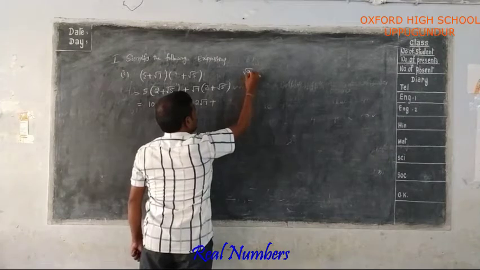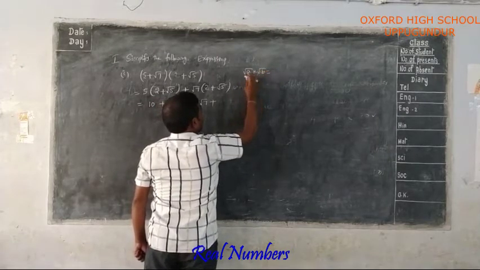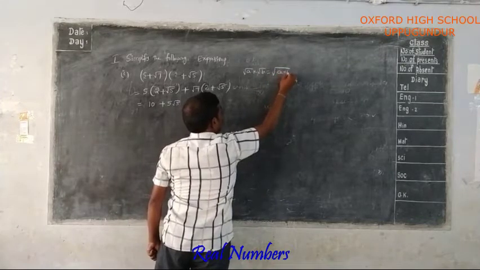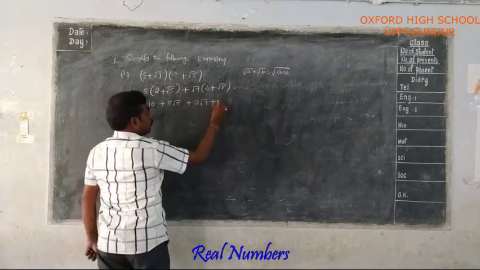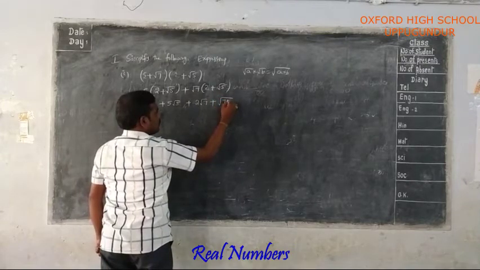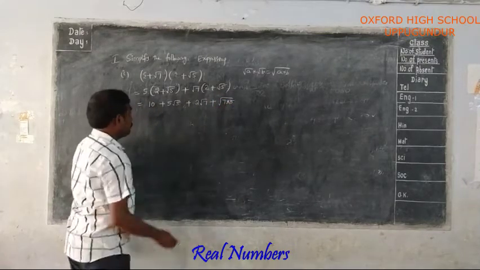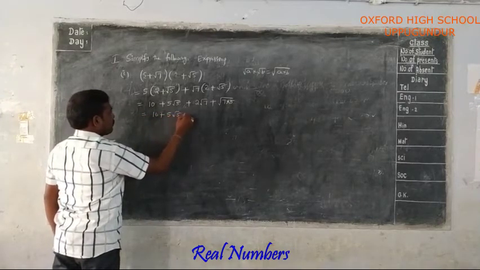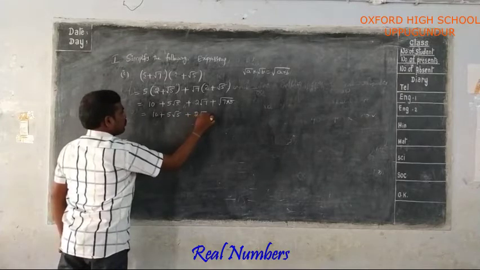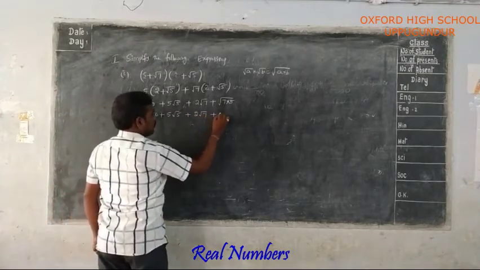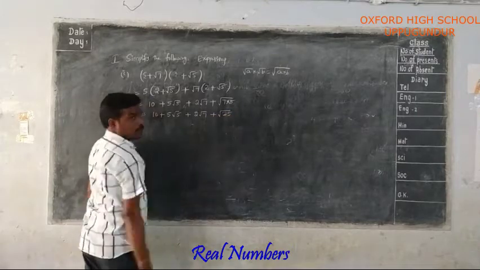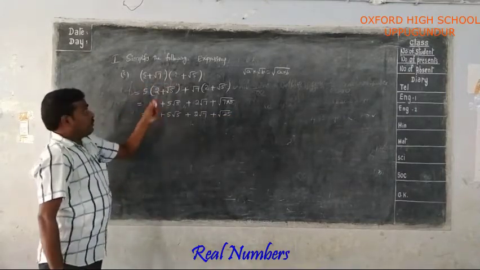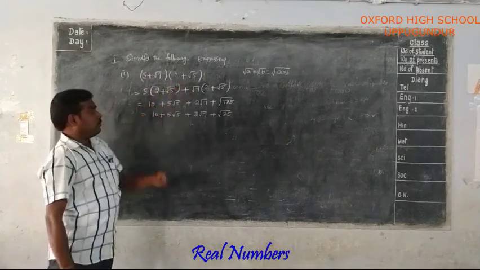What is √a into √b? Both of them have root common, so you write √(a·b). Similarly here √7 into √5 means √(7·5). So 10 + 5√5 + 2√7 + √35. In this way we are simplifying the product of two binomials, (5 + √7)(2 + √5).